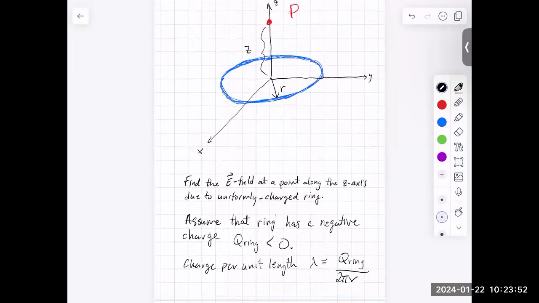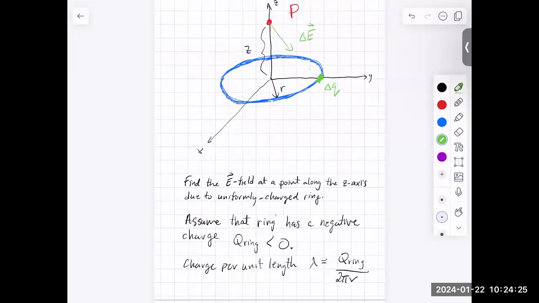Okay, so by symmetry, if I pick a piece of the ring that's at a positive y value, let's pick a piece of charge here, and we'll call this delta Q, it's going to make an electric field, say delta E, that points towards it.